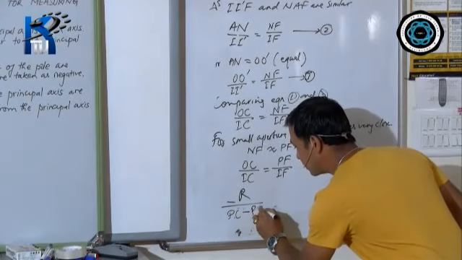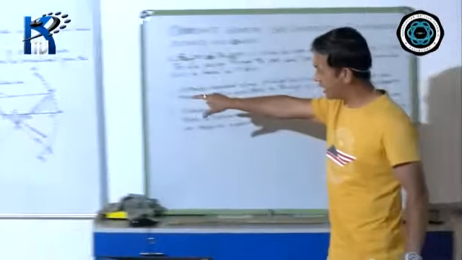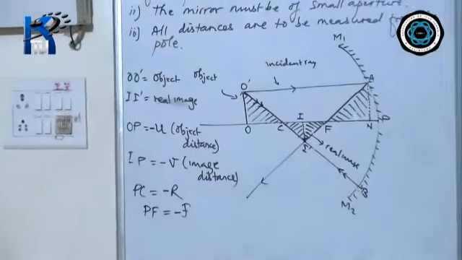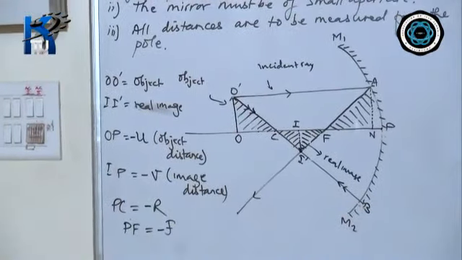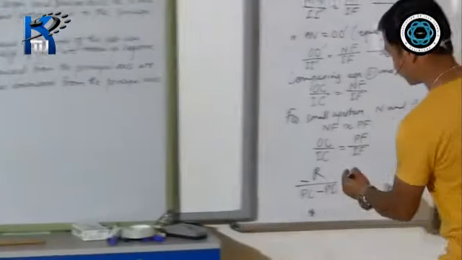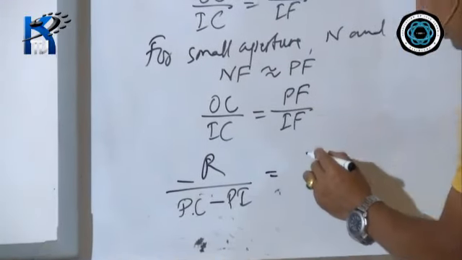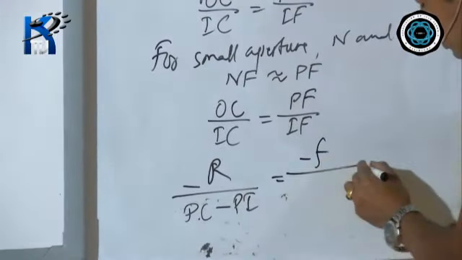If you look at the diagram again, IC can be written as PC minus PI. So PC minus PI, and PF we know is the focal length with sign negative, minus f.